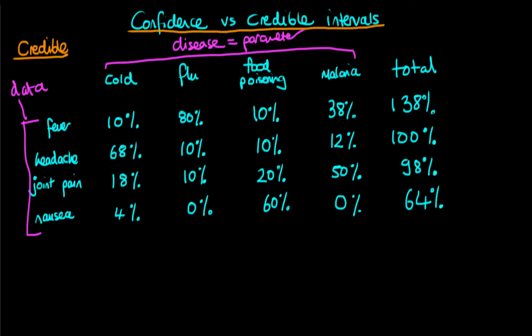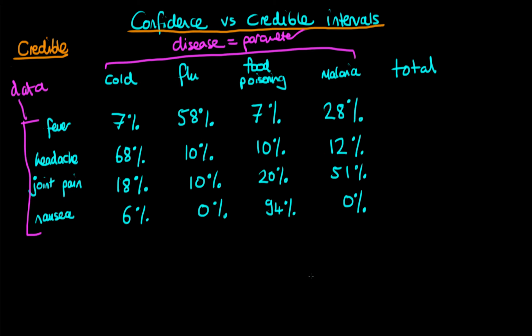And so what we're going to do now is normalize each of the numbers in here by dividing it through by the row total. So now I've gone through and I've done this normalization here, and you can confirm for yourself that each row should add up to 100%. There might be some rounding errors, which mean it doesn't quite add up to 100%, but in terms of decimal numbers, it's exactly right.